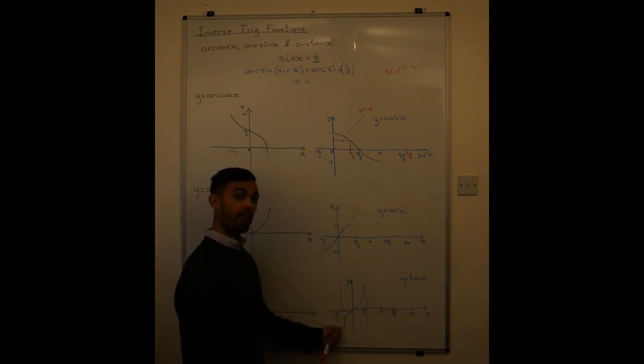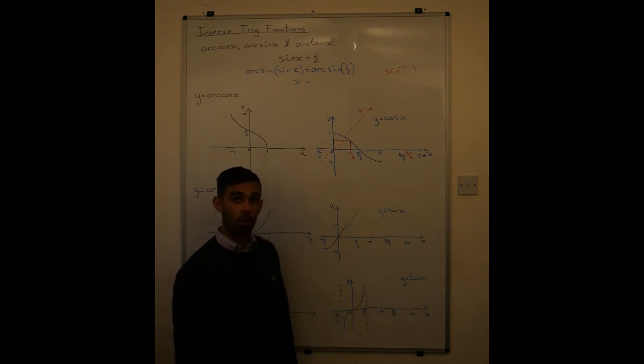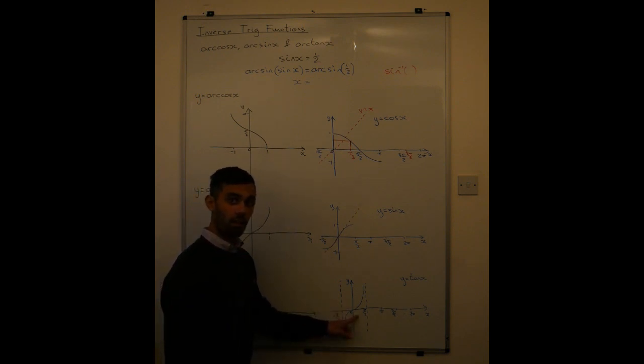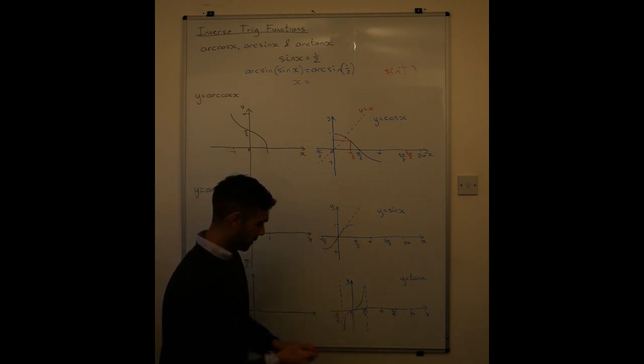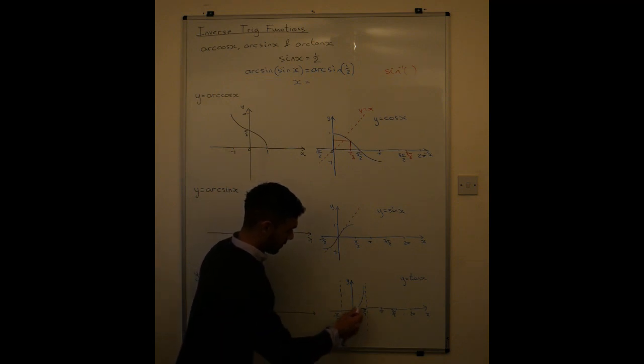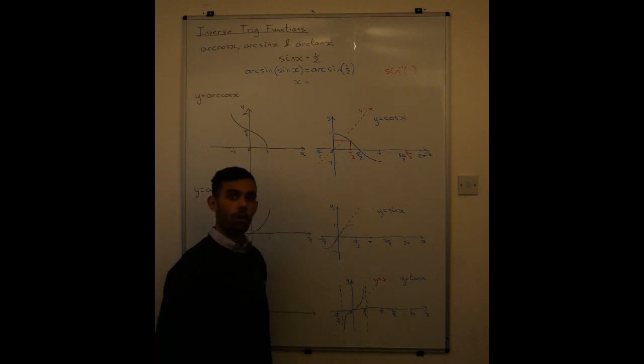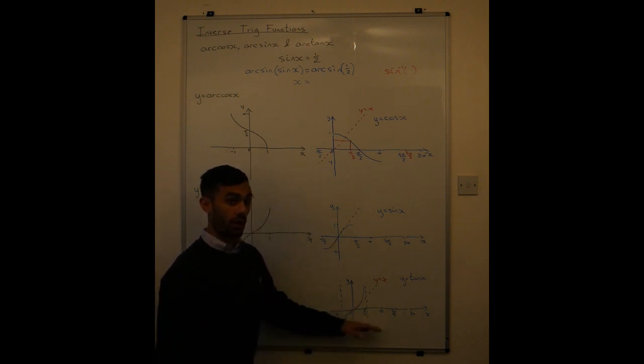Okay, and everything before minus pi over 2, which leaves us with this curve here, which is a one-to-one function. We need to reflect this in the line y equals x. Alright. Whenever you're performing transformations on a curve and it has asymptotes, it's usually easiest to sketch the asymptote first.